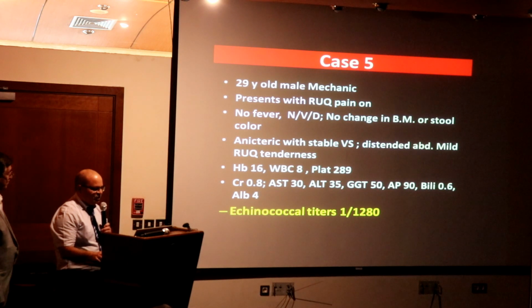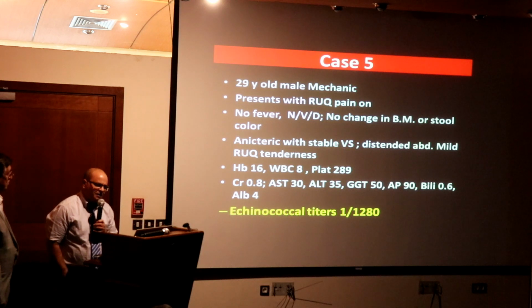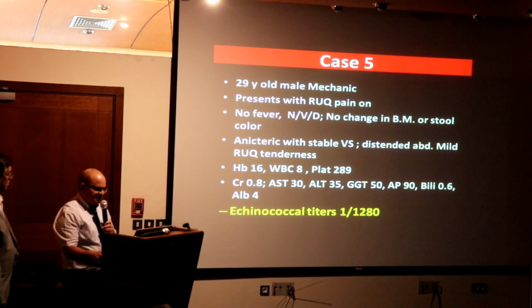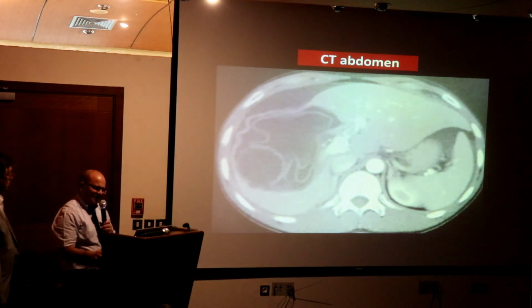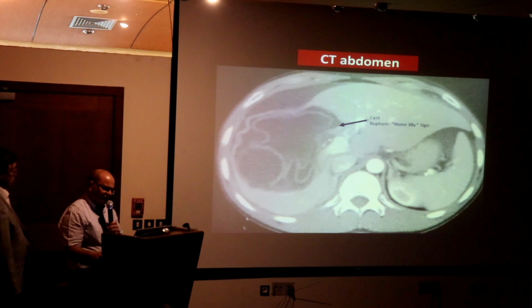Final case, 29-year-old mechanic presented with right upper quadrant pain, otherwise unremarkable presentation. And he had a complex cyst where you notice how there's rupture and a removal of the germinal layer away from the actual body layer of the liver.